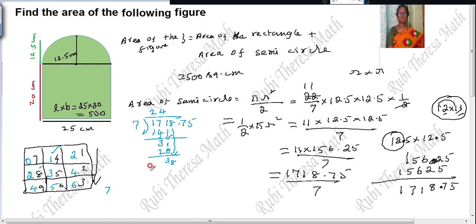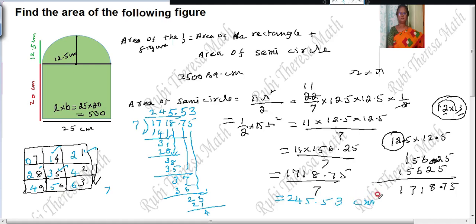Bring down 8. 5 sevens are 35, remainder 3. Then keep the point and bring down 7. Again 35, so 5 sevens are 35, remainder 2. Then 5, 3 sevens are 21, remainder 4. If you want to continue, you can; otherwise you can stop here.